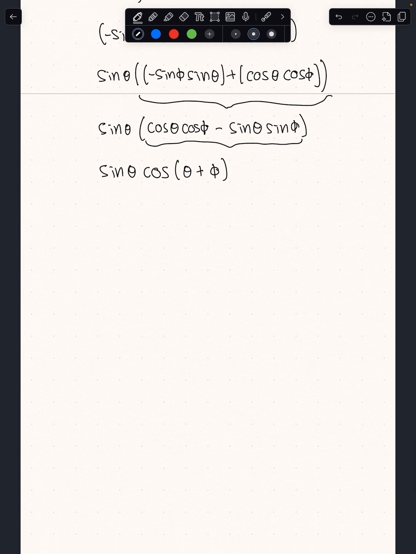So plugging that back into our numerator gives us r equal to 2 v naught squared sine theta cosine theta plus phi all over g cosine squared phi.